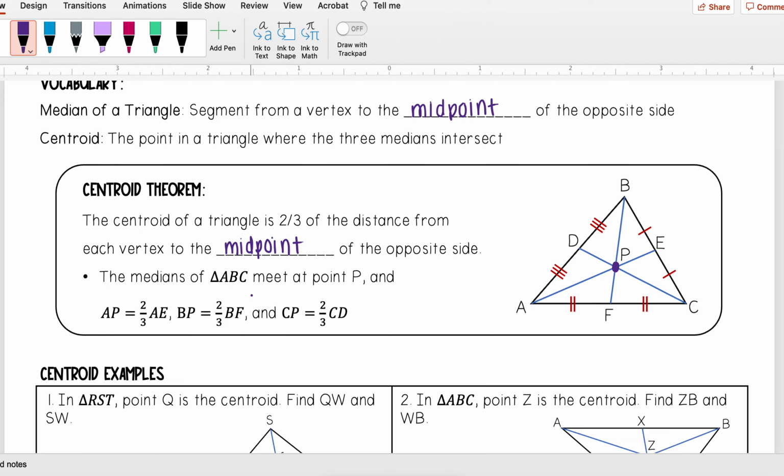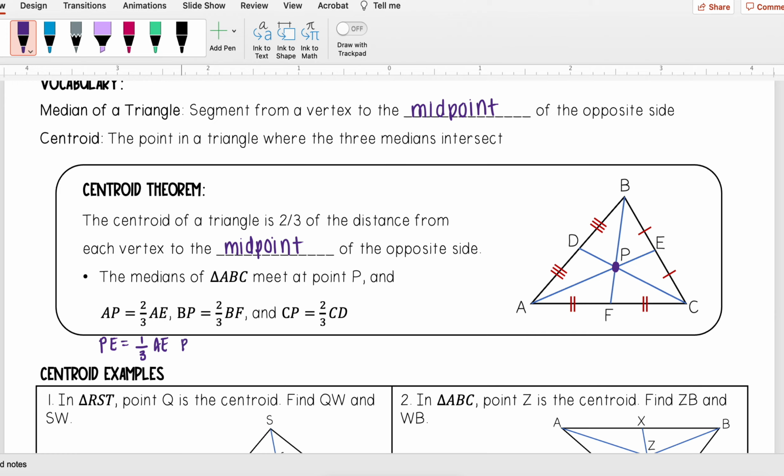And so there's other ways that we can think about this as well. If AP is 2/3 of my entire segment AE, then that would also mean that PE is equal to 1/3 of AE. And so on for the rest of these.